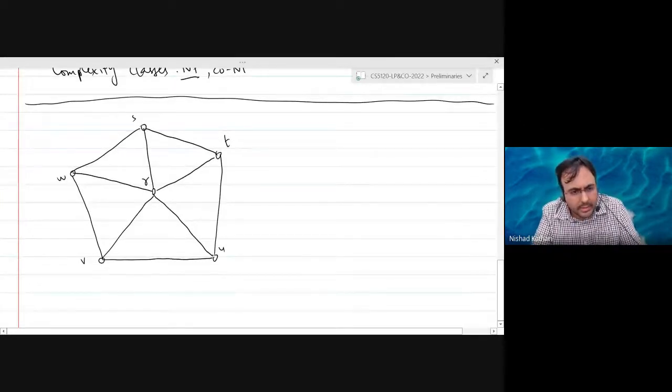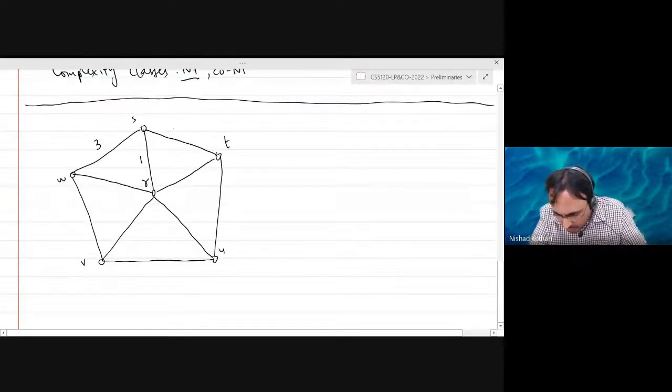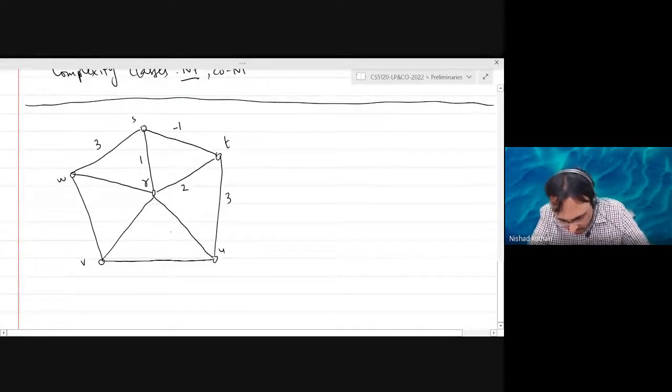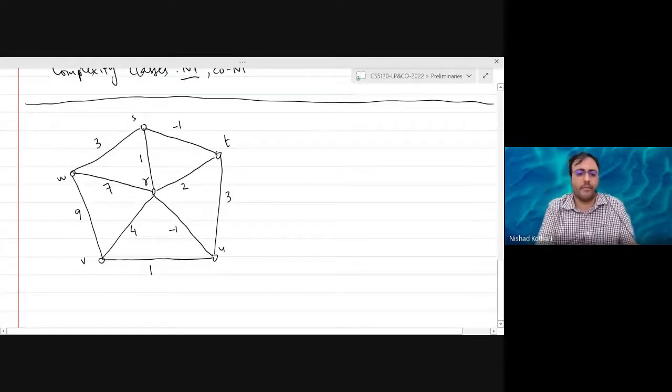I won't label the edges. We will just refer to them by their endpoints. Okay. And I'm going to put down costs on the edges. 3, 1, minus 1, 2, 3, minus 1, 1, 4, 7, and 9.